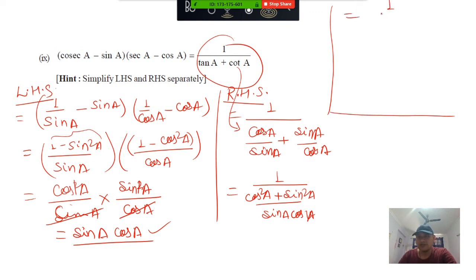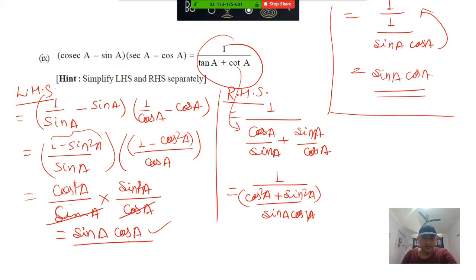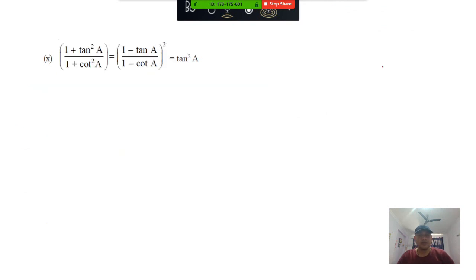So the result comes as 1 upon sin A cos A. Now this term goes above in the numerator and the term comes as sin A cos A. Great. So that's what we got in the left hand side right here, and now we get it in the right hand side. So that is the correct one.